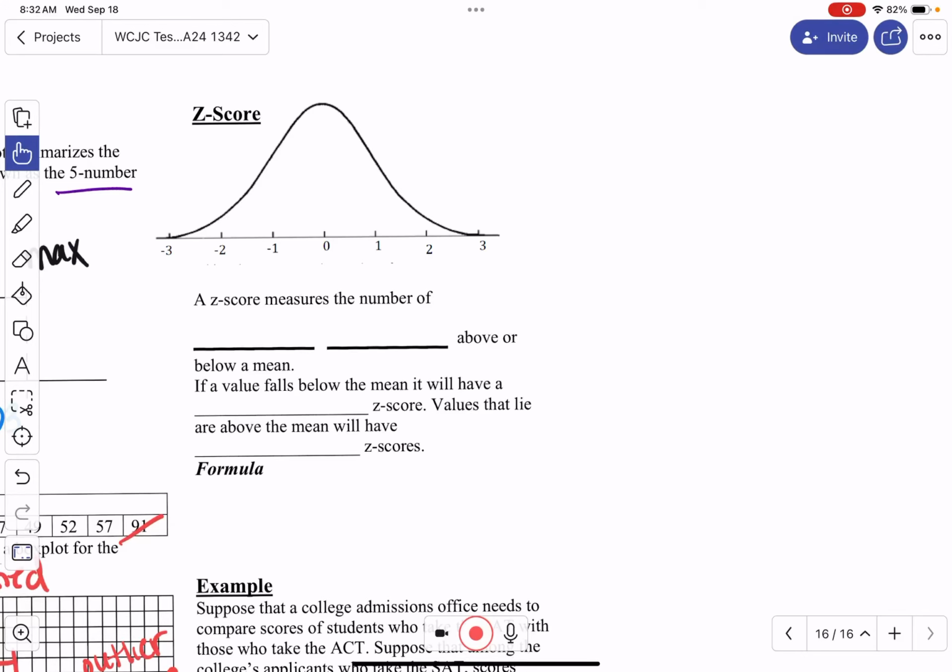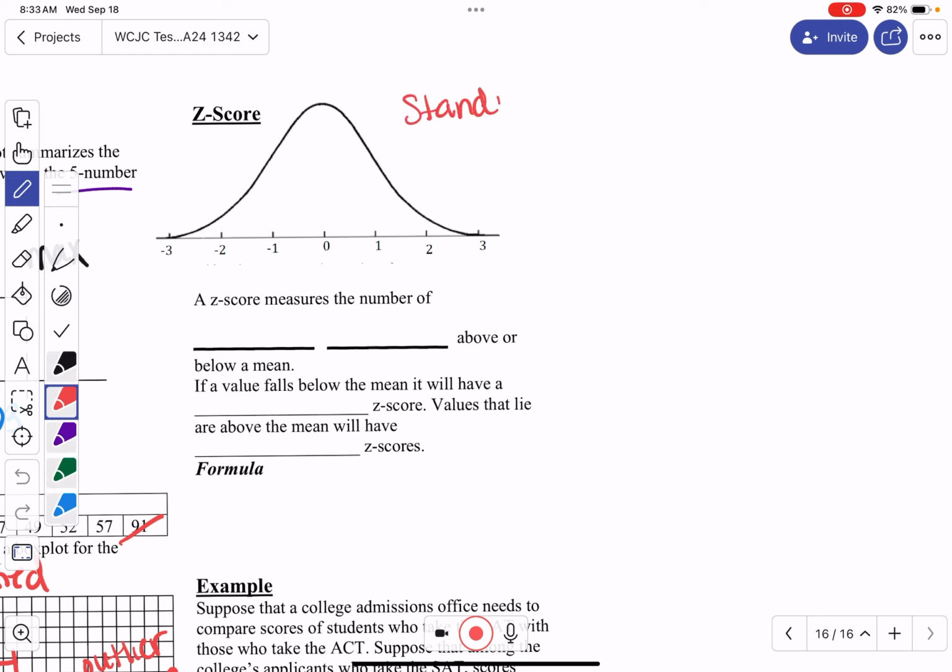The last thing we're going to talk about is what we call z-scores. Z-scores, also known as standard scores. And remember, the word standard means average, so an average score. These are standard scores, or normal scores. And again, the word normal means average as well.